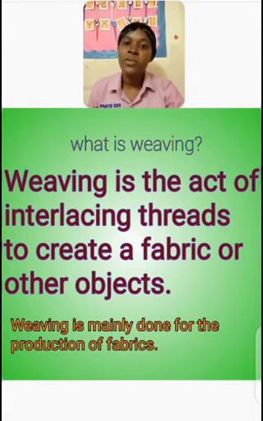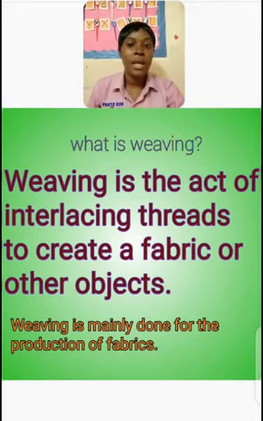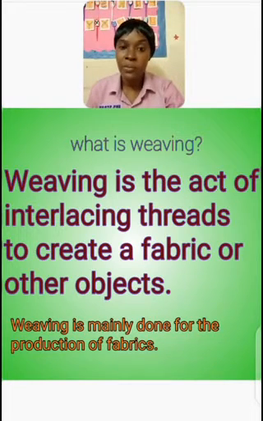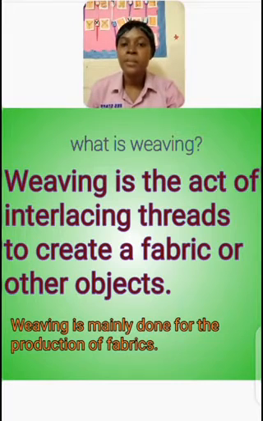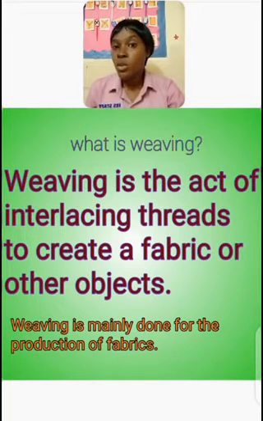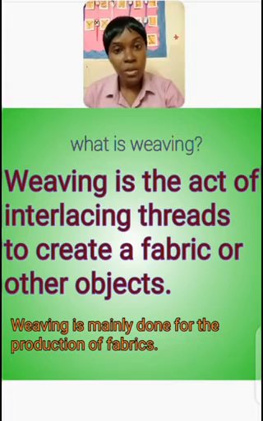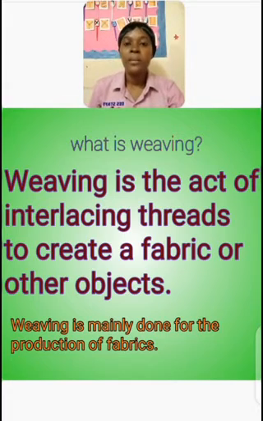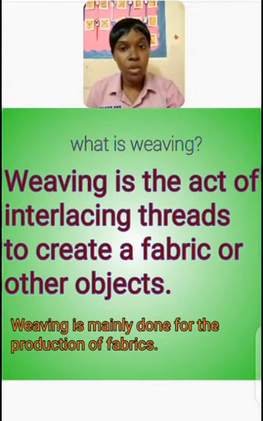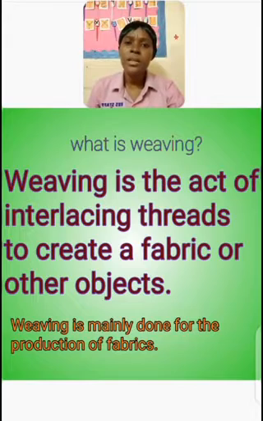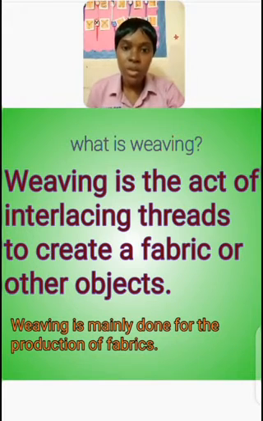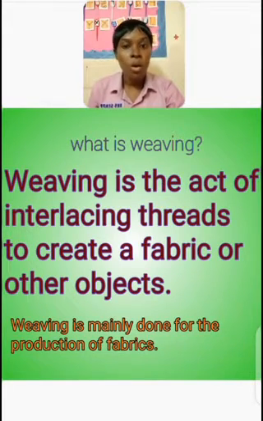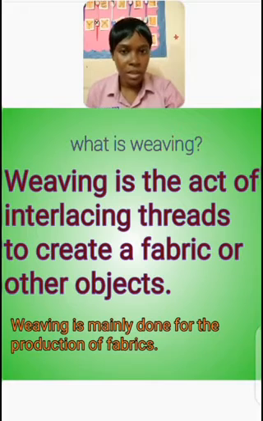So while the definition for weaving is the act of interlacing threads to create a fabric, in art, we create objects also using the weave pattern, or through weaving. So in art, we can say weaving is the act of interlacing threads to create a fabric or other objects.